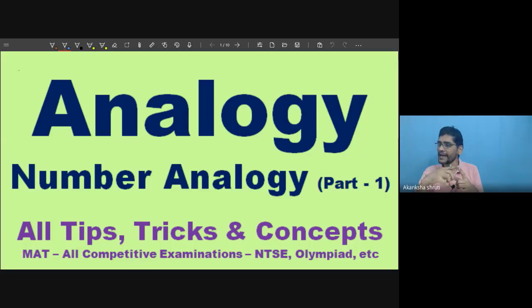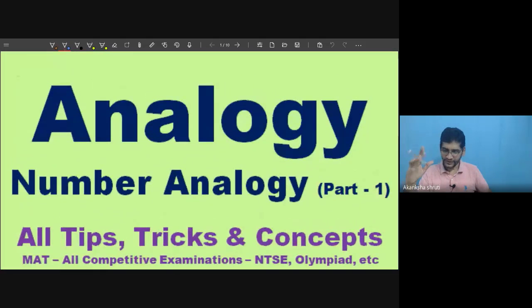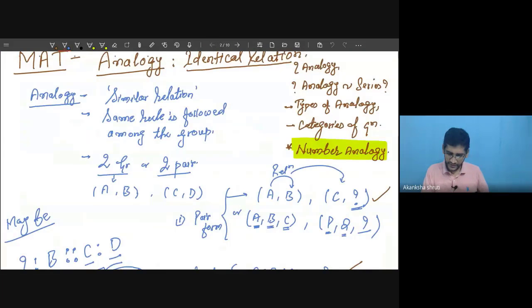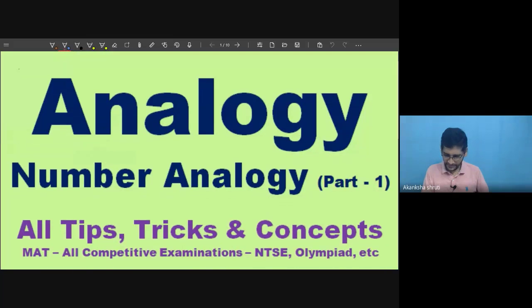Then go for the complex relation, where there is a multiplication factor with addition, or power with addition. Another one is the power series, the adjustment of power that we have learned today. So students, these are very important things that we need to keep in mind. Unless we keep this in mind, number analogy questions always appear quite challenging to everyone, but it is very easy.